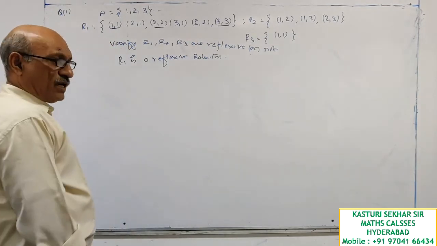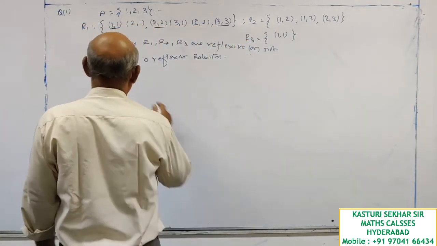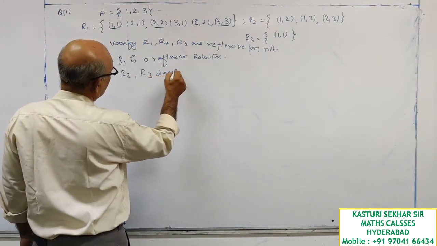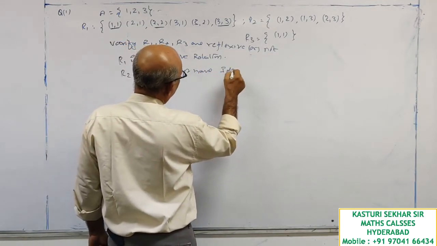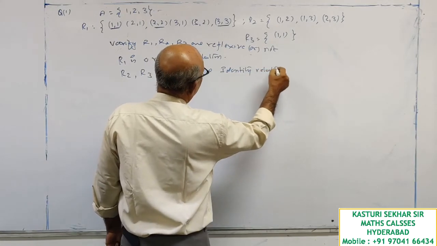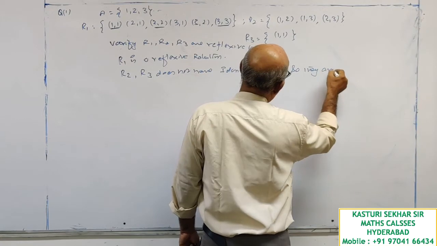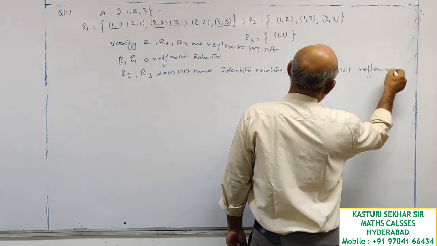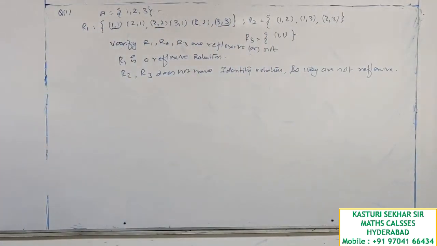Now look at R2 and R3. They do not have the identity relation, so they are not reflexive.